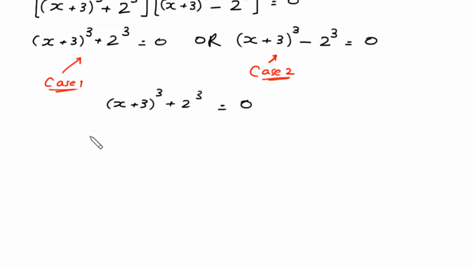Now according to this algebraic identity, a^3 + b^3 is equal to (a + b) times (a^2 − ab + b^2).